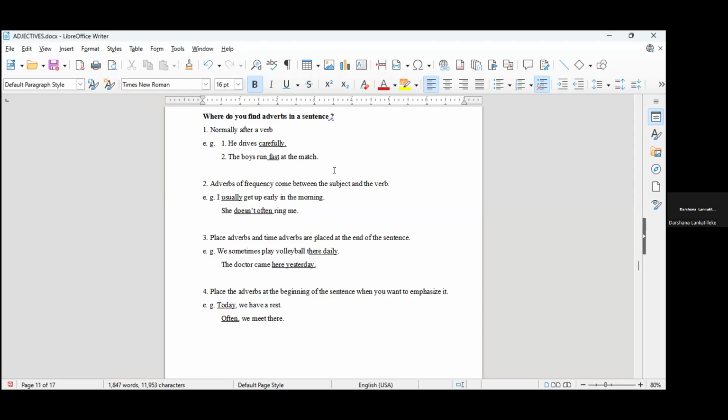The second example: the doctor came here yesterday. Here means the place. The doctor came yesterday, right? Yesterday is the time adverb. So we can use both at the same time. The doctor came here yesterday. Okay.